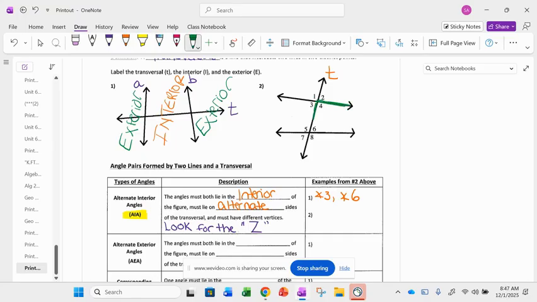Look at the green that I'm highlighting. Here's the backwards Z. Which angles are in the armpits this time? Good, angle 4 and angle 5. So those are the AIA angles. You look for the Z.